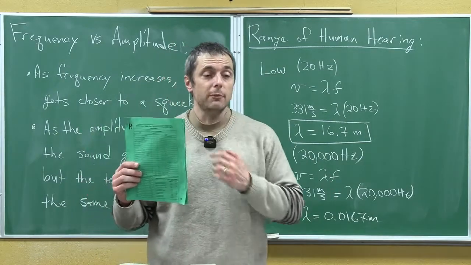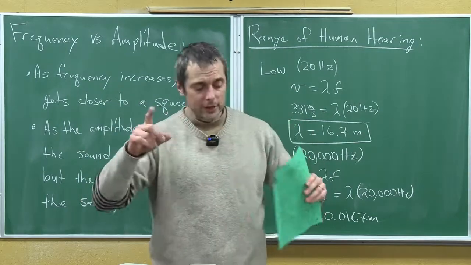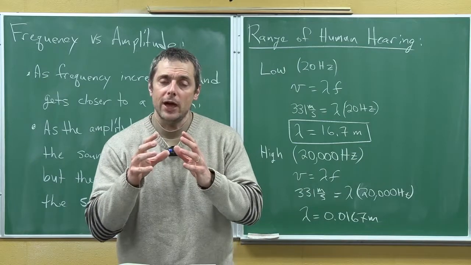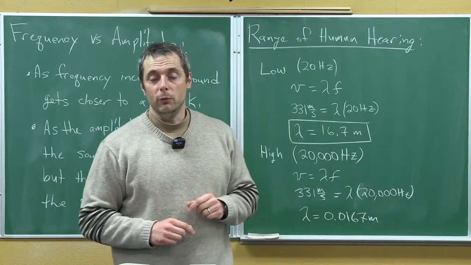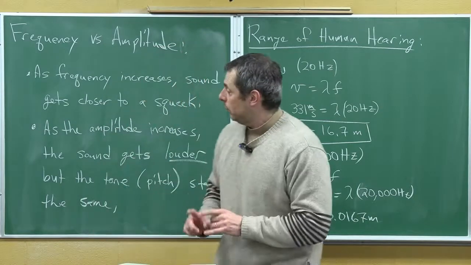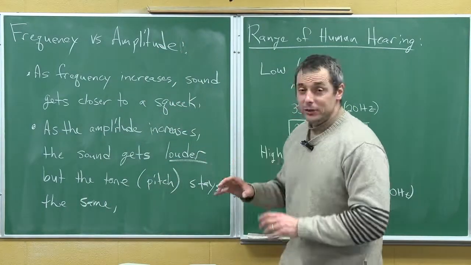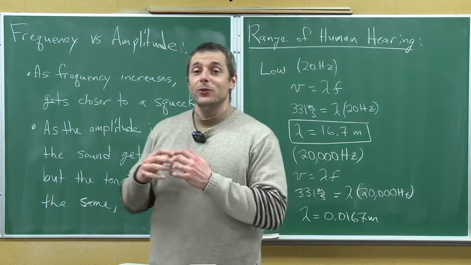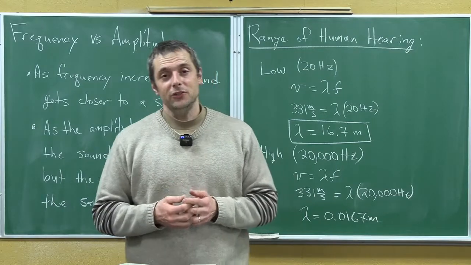They'll say in a problem, the speed of sound in a room is 340, and then you don't use 331, that's only at STP. So if you know the speed of sound, you can solve for frequency or wavelength if you're given one or the other. And the last point, frequency is the tone, amplitude is how loud it is. So those are the concepts and the calculations for sound in the Regents curriculum.